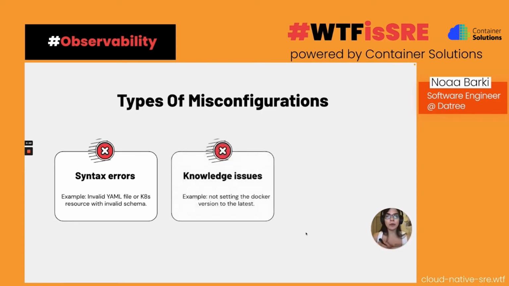The second type of misconfiguration is what I like to call knowledge issues, for all the kinds of mistakes that happen because we didn't follow the best practices in the Kubernetes industry. It often happens in Kubernetes because, as I said before, we have a lot of different personas working on Kubernetes, and most of them don't have the knowledge that DevOps teams usually have.